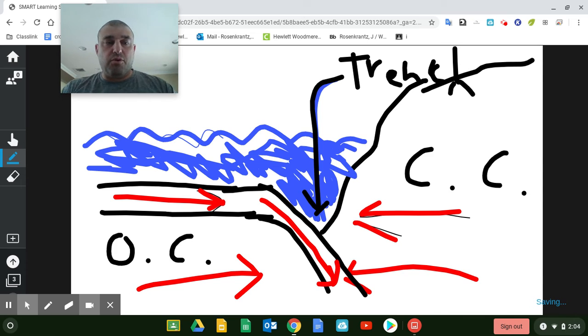So the trench is forming because the ocean crust right here is colliding with the continental crust, and the ocean crust is forced down. The downward motion is called subduction. Sub means to go under, like if you submerge your body in water, you're going under the water.